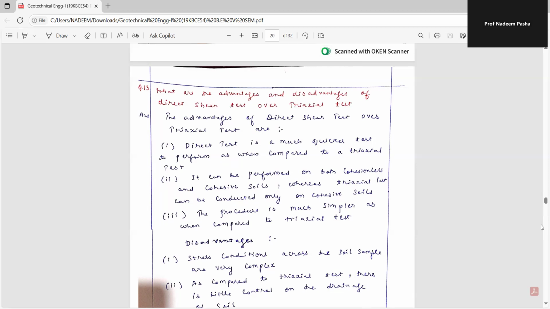The advantages of direct shear test over triaxial test are: direct shear test is a much quicker test to perform when compared to triaxial test.